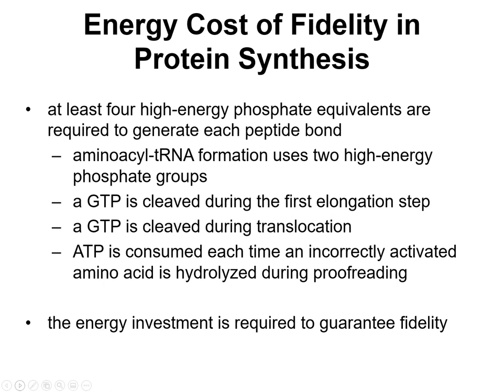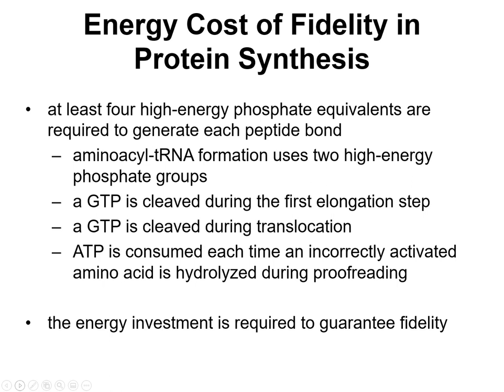So aminoacyl tRNA formation uses 2 high energy phosphate groups, because remember, we are adding on that AMP to the amino acid, and we're also hydrolyzing the pyrophosphate. So that's 2. We're also using a GTP to cleave during the first elongation step.